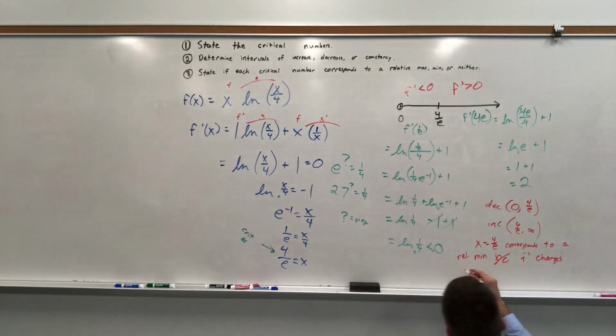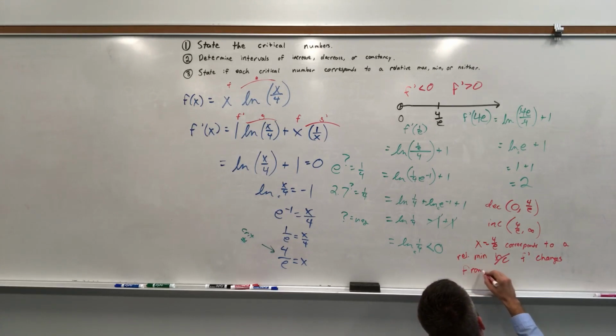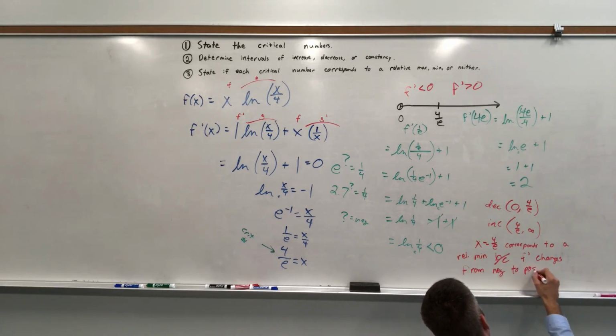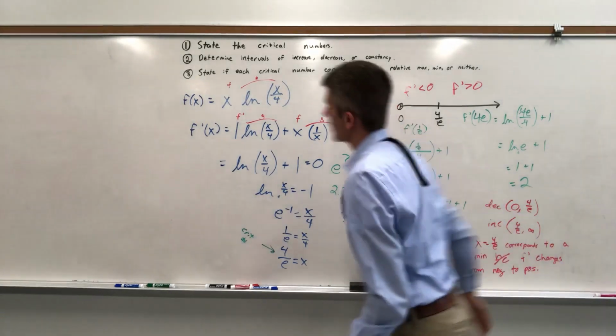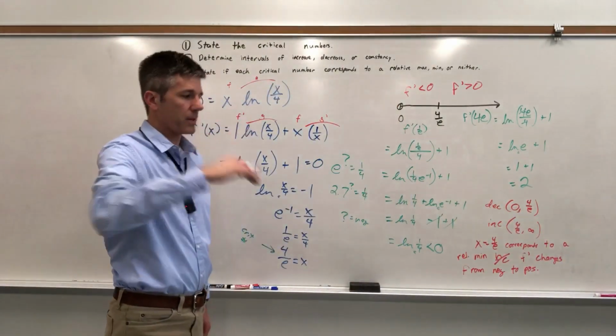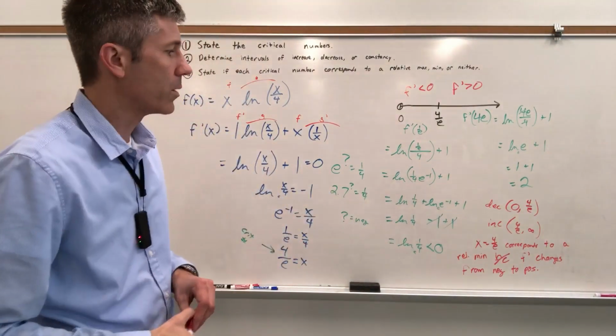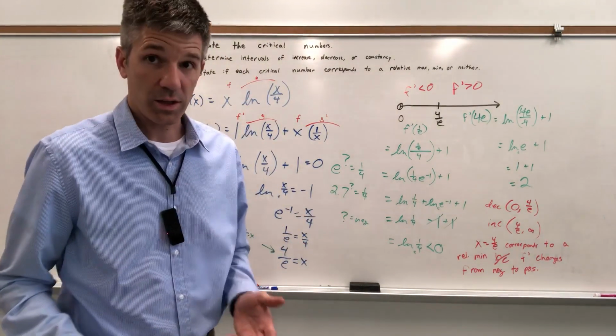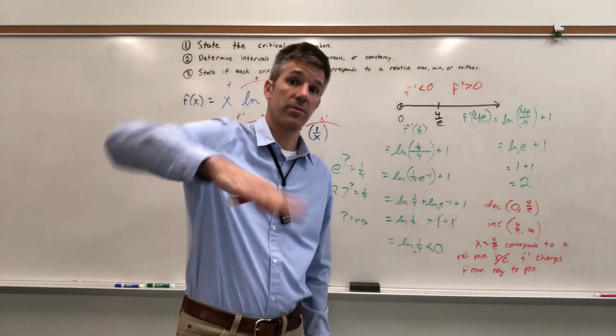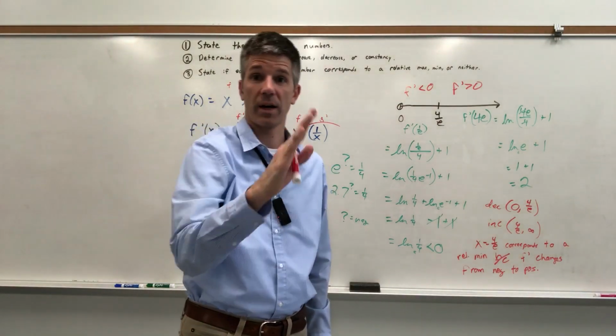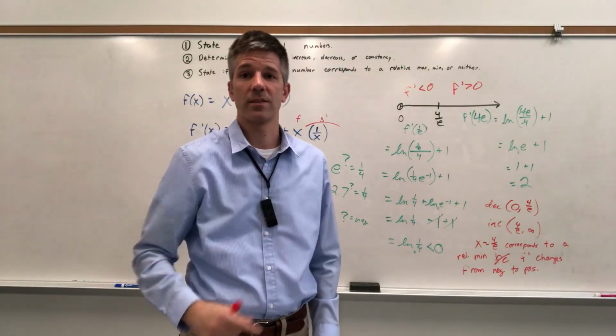It changes from negative to positive. Therefore, and I'm extrapolating on what I wrote, that is sufficient, but I'm extrapolating on what I wrote. Therefore, the original function, because the derivative is negative then positive, the original function decreases, then increases.